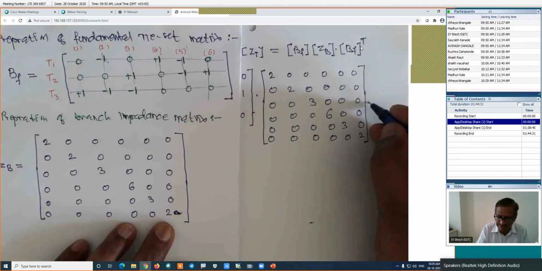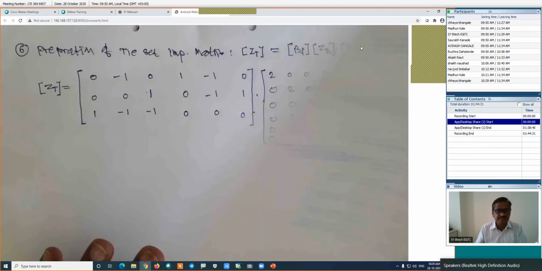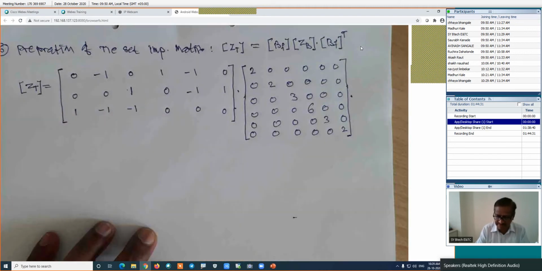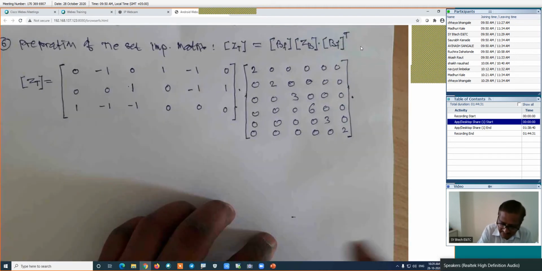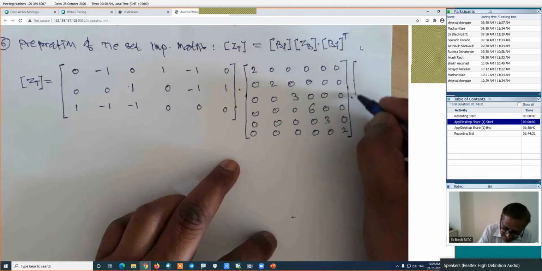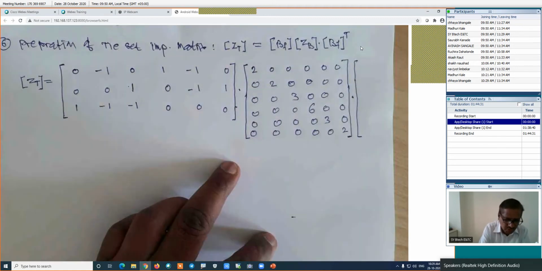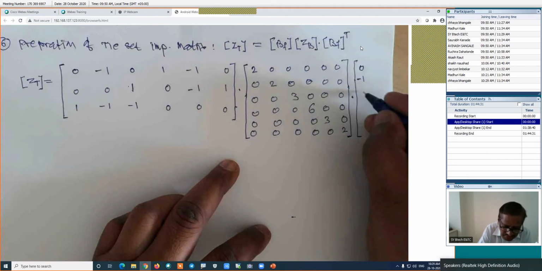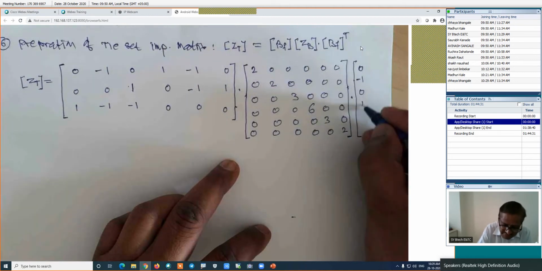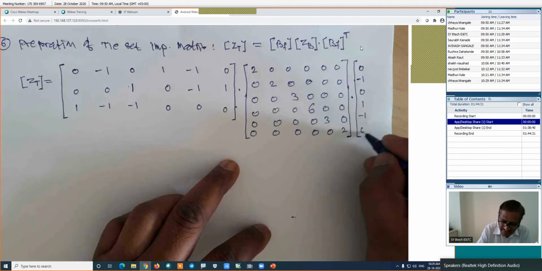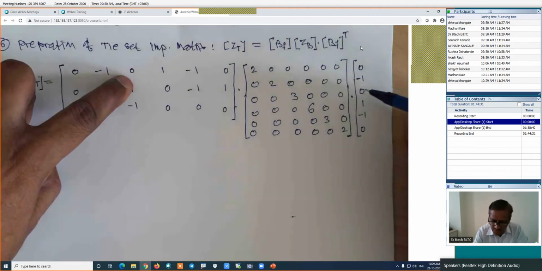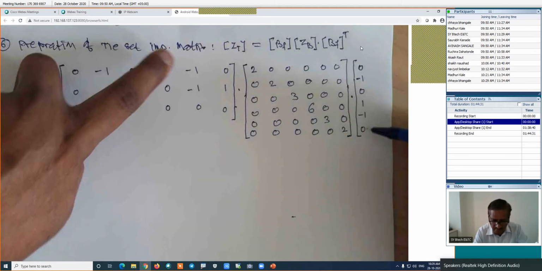Into BF transpose, the transpose of this matrix. How is the transpose of this matrix? I will draw here. We are just converting rows into columns. This is 0, then -1, then 0, then 1, then -1, and then 0. Then 0, -1, 0, 1, -1, 0.